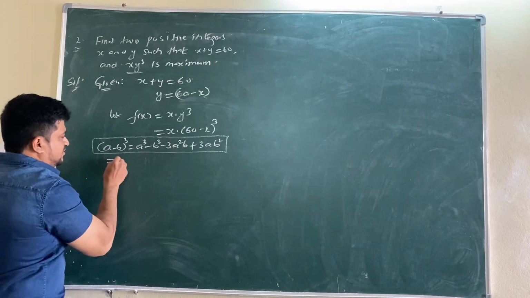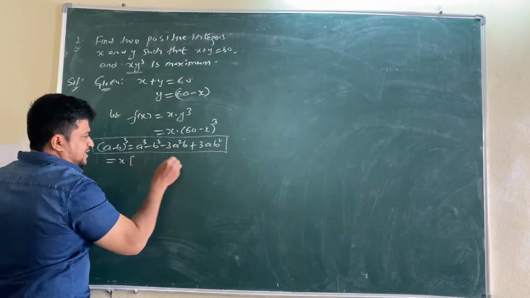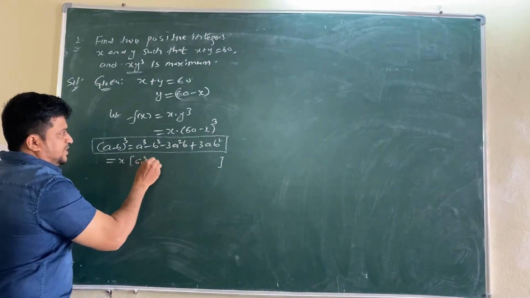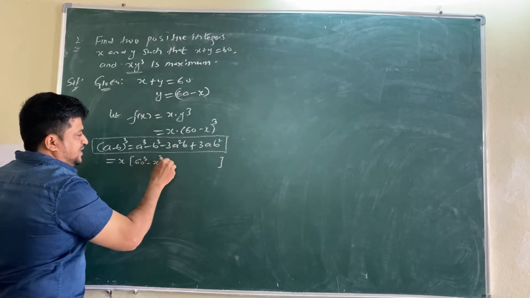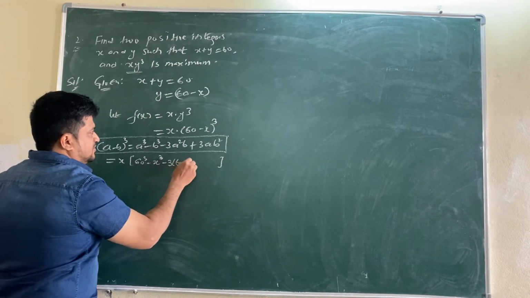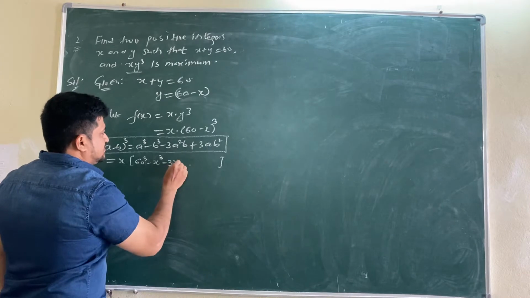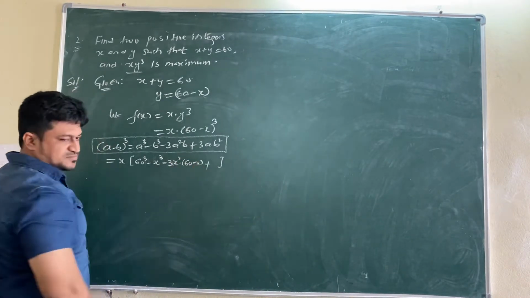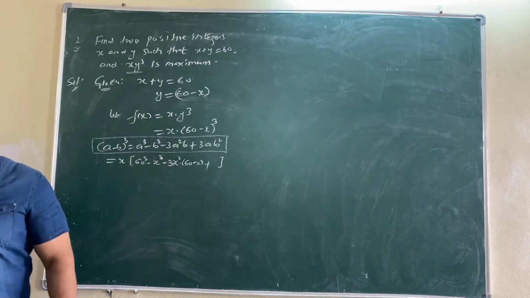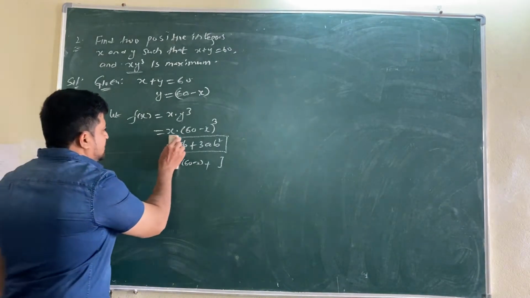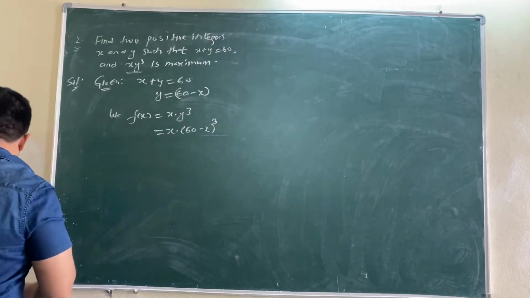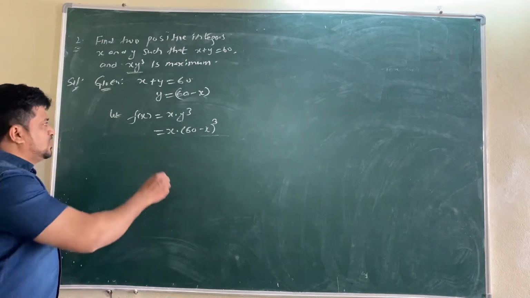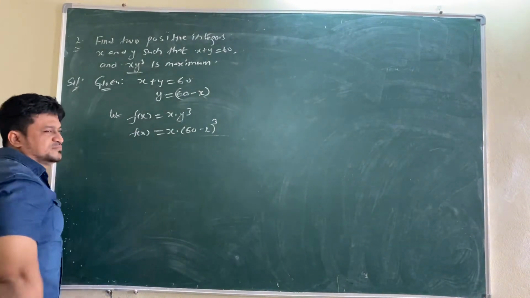Without using the formula, since many of them can't remember it, to avoid that, what you can do is take f of x to be this one only.